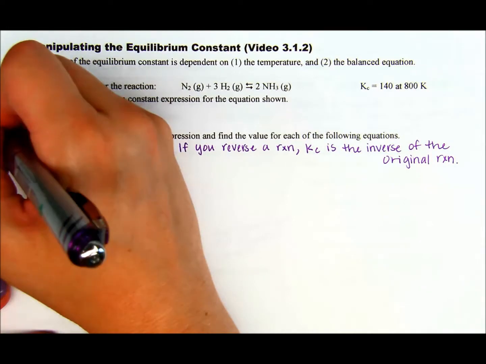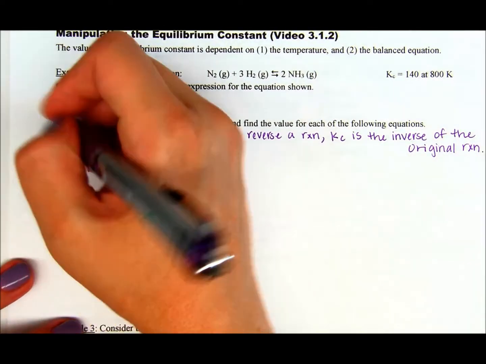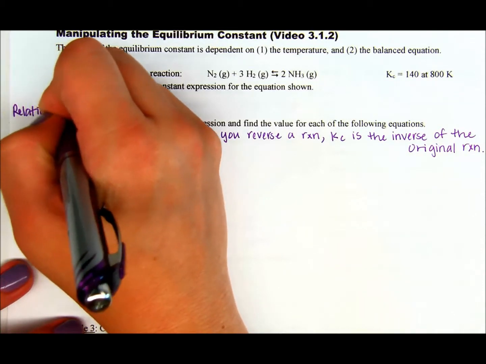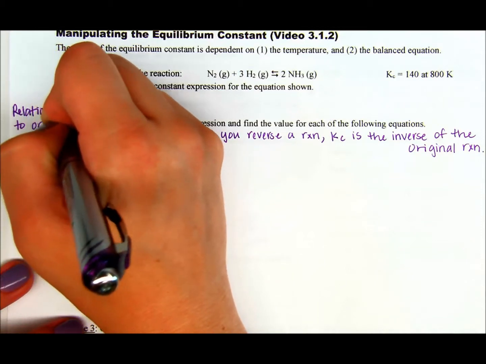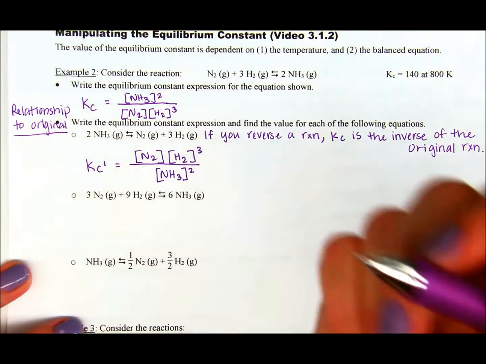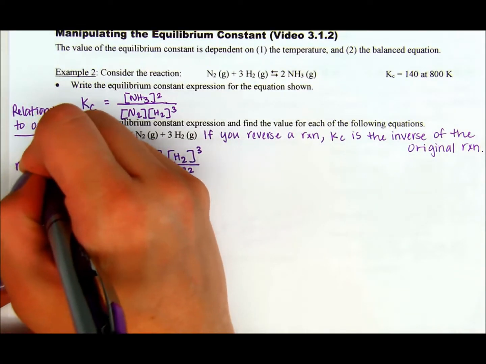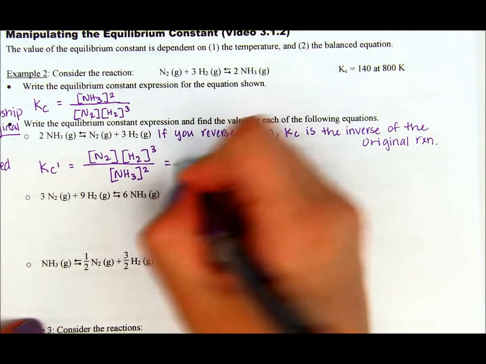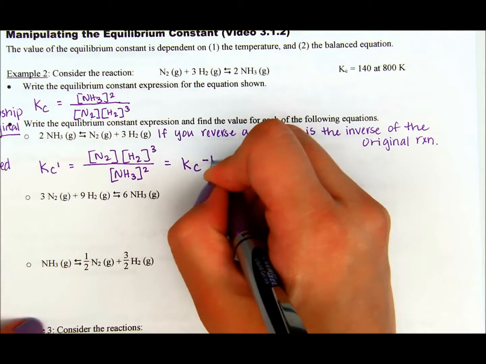Over here, I'm going to do some bookkeeping. I'm just going to write the relationship to the original reaction. So this reaction is just reversed. That means our new Kc is just Kc to the negative 1.